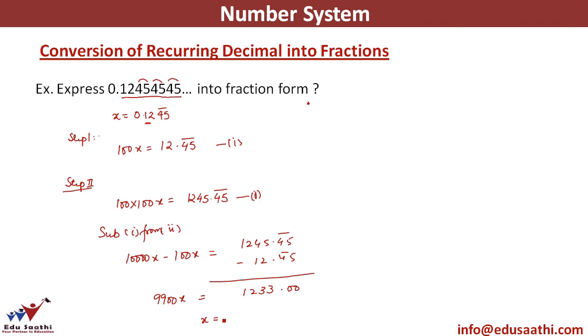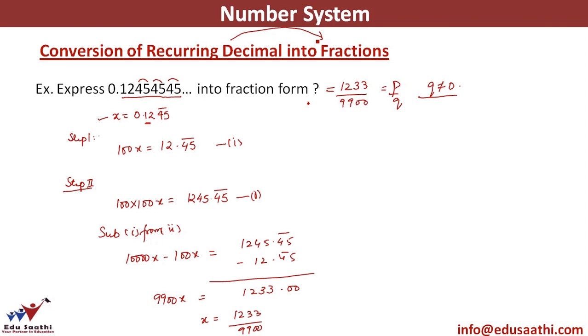So the value of x is 1233 over 9900. X was this, so that means this has been written in a fractional form, which is P by Q form, and Q is not equal to 0. This is how we can convert a recurring decimal into a fraction.